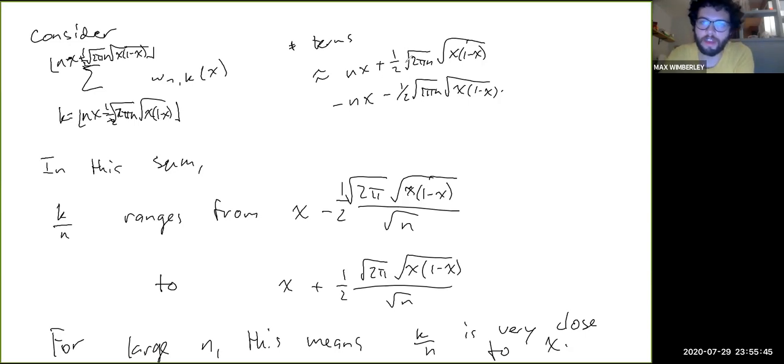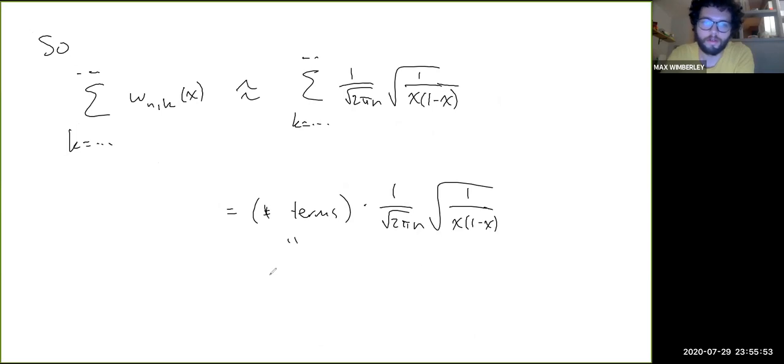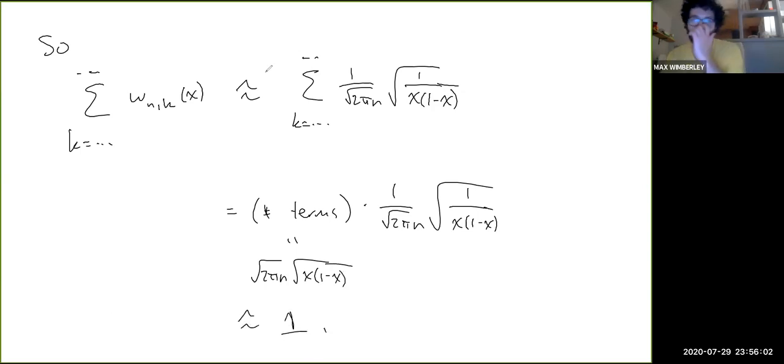When you do this, you just get square root of 2 pi n square root of x(1 minus x). So this is overall approximately 1.